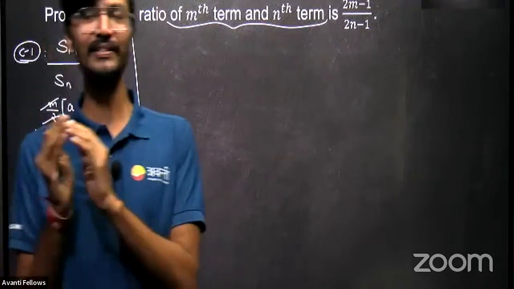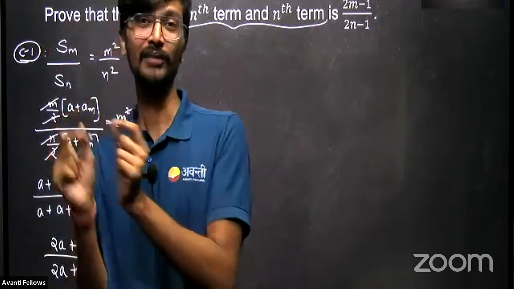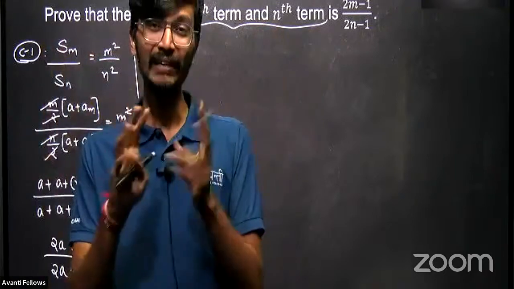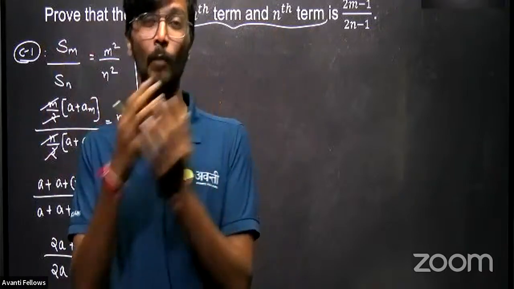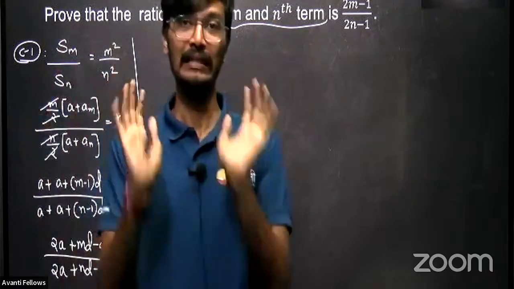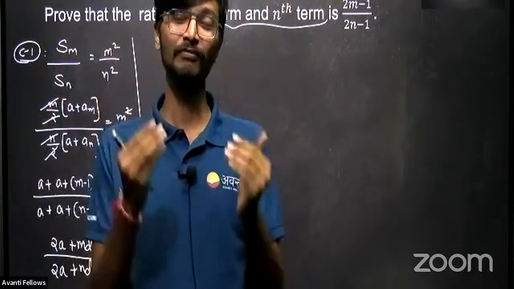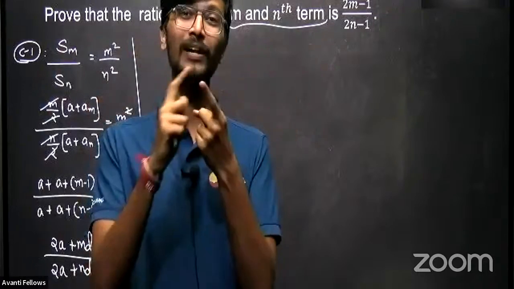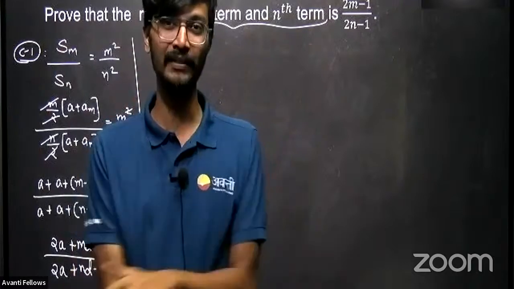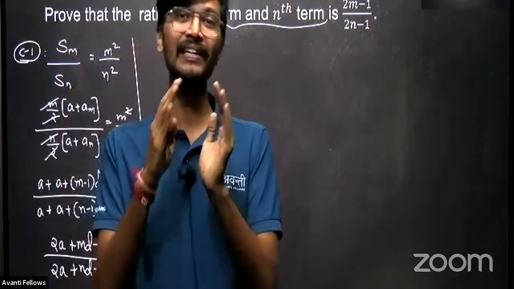Basically, every condition, if you can see, as I told you in the previous sum, if in any question of AP you get A and D, in GP A and R, so if these two things I get, most of the sums will be solved because all formulas are based on A and D. Now, if you remember or recall the previous sums, what we did in those sums is we always got A and D. So the basic aim in the question of AP, at a very basic level, is to get A and D. And to get A and D, we need equations.